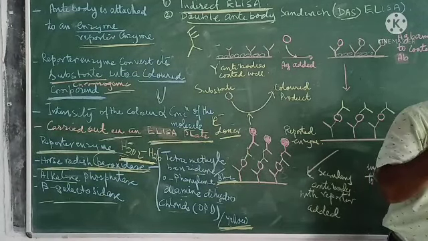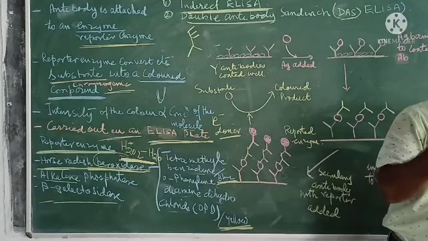So we discussed the indirect ELISA. It is an indirect detection for HIV or for hepatitis B virus. First we detect the antibodies of HIV or HBV.